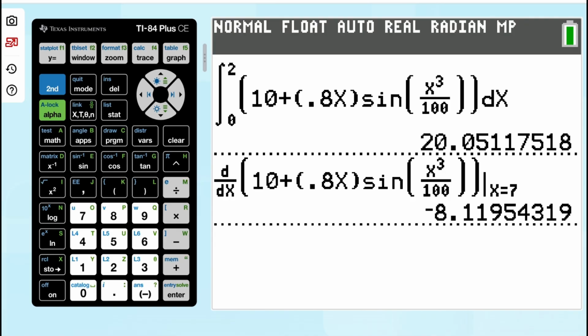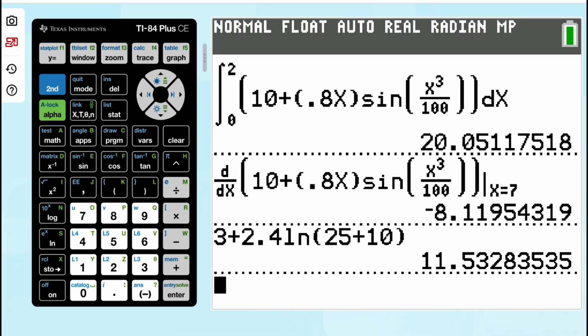G of 5, g was 3 plus 2.4 times the natural log of, and it was t squared plus 2t, so 5 squared is 25. And then plus 2t, 2 times 5 is 10. I could have put 35 there, but this is good enough. So that's g of 5, that number.